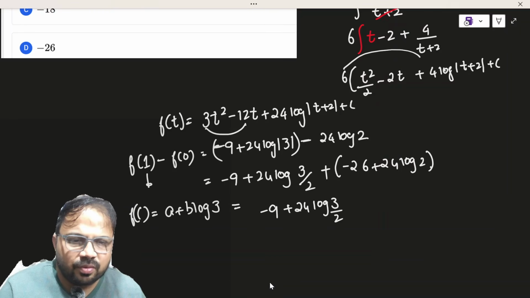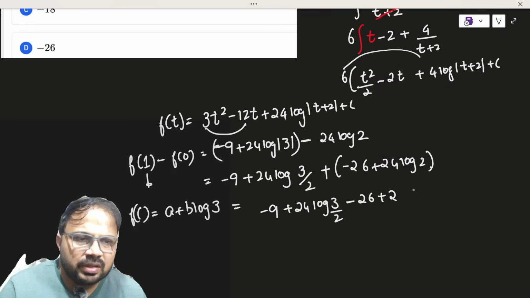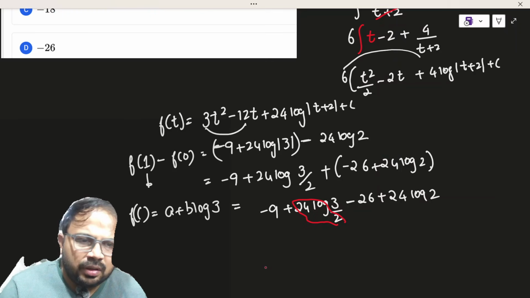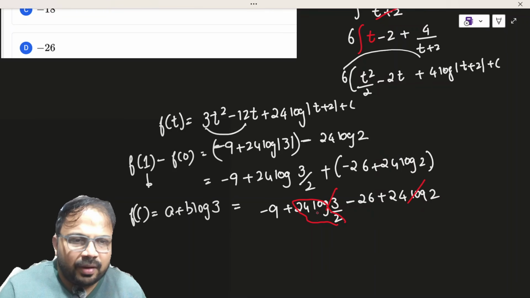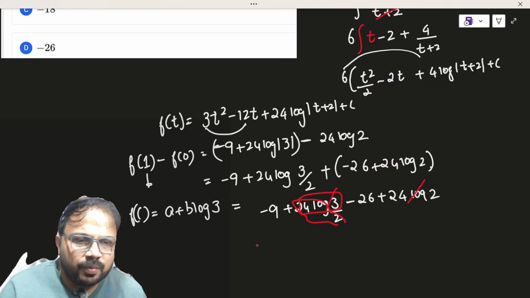So therefore, gentlemen, minus 26 plus 24 log 2. Now if you can clearly see, this will become minus 24 log 2, so this and this will cancel. But 24 log 3 would be remaining, right?